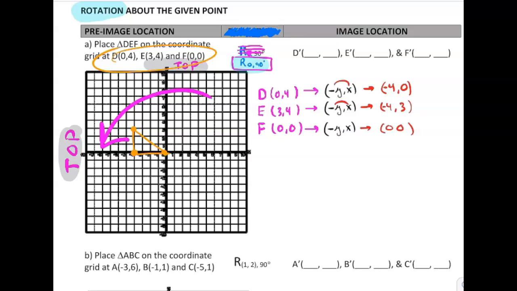So there are 3 different ways you could rotate. You can see D prime was -4, 0, E prime was -4, 3, and F prime stayed at 0, 0. Whether you did it this way or whether you used the rules.